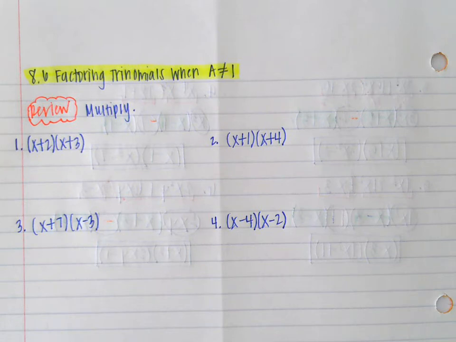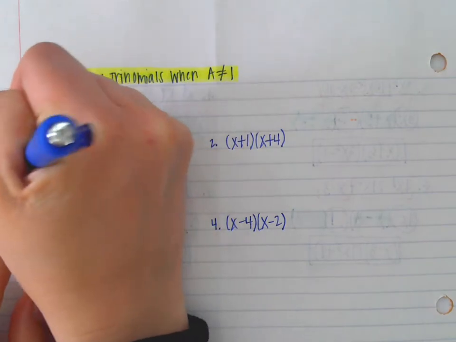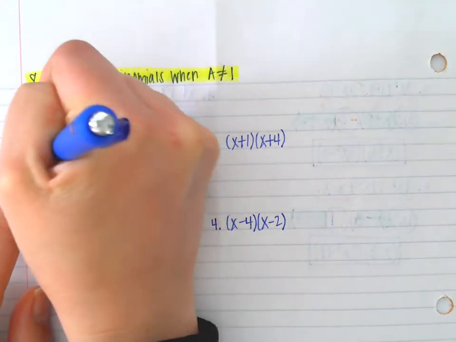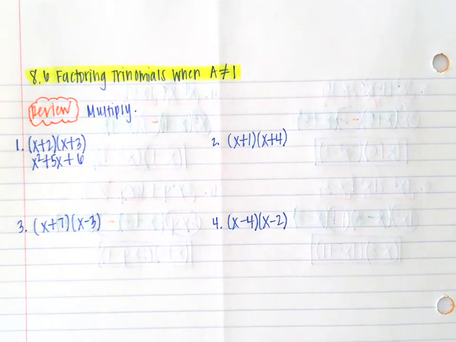Okay, so you should have multiplied these out. I'm just going to write them out quickly. I'm not going to go through the multiplying process. So x plus 2 times x plus 3 should have gotten you x squared plus 5x plus 6.